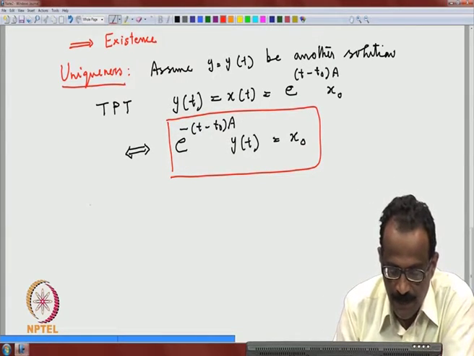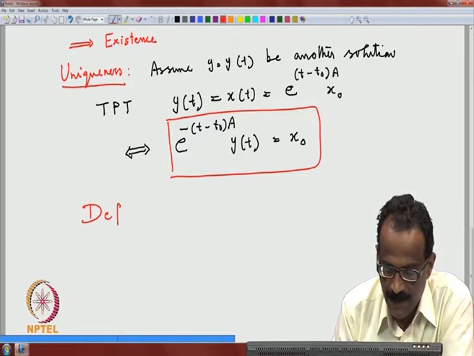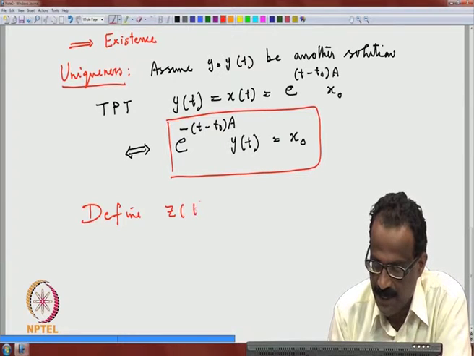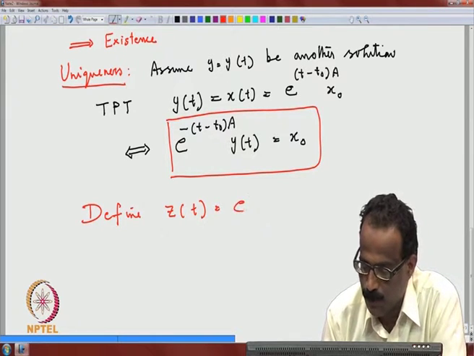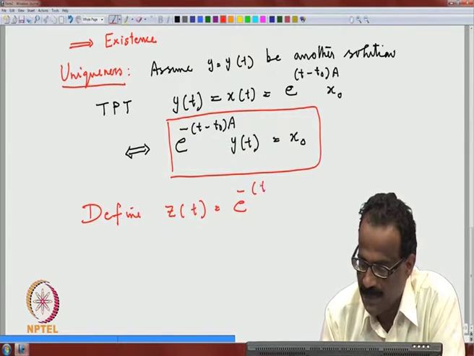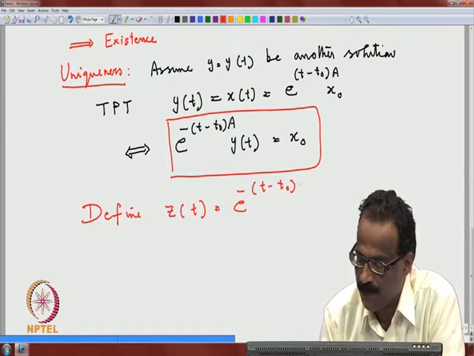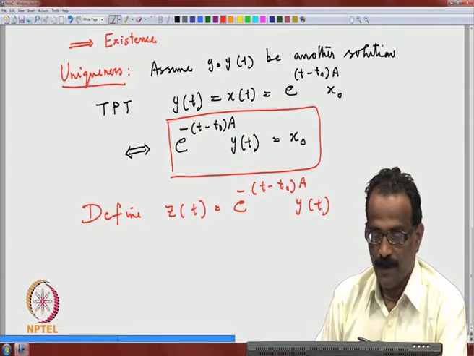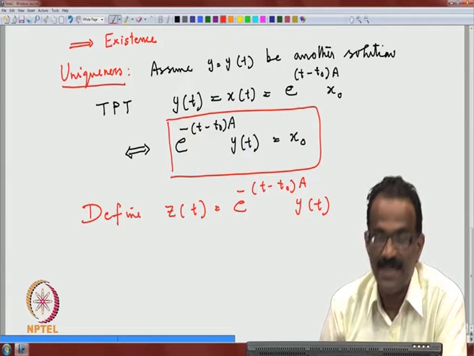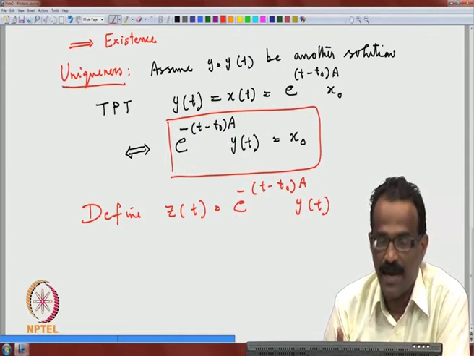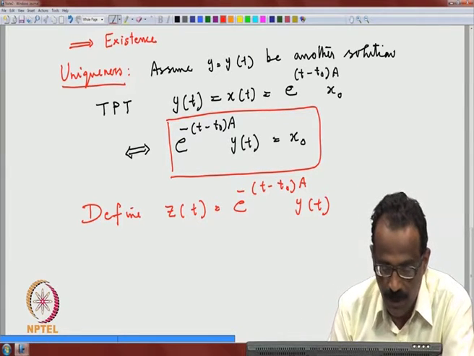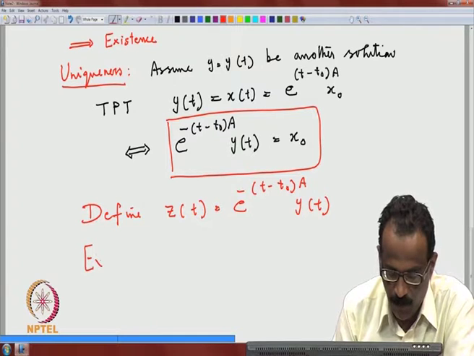So, define the left hand side as Z t, equal to e power minus t minus t naught of a, acting on y t. What I have to prove is that Z is a constant in t and that constant is x naught.